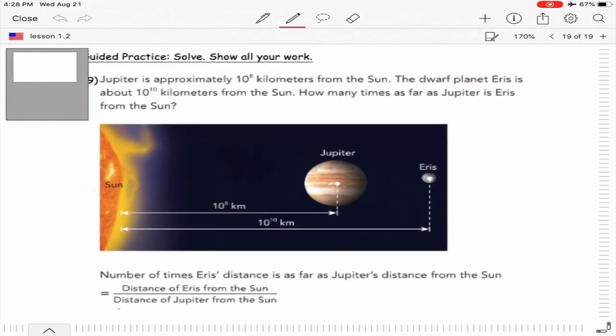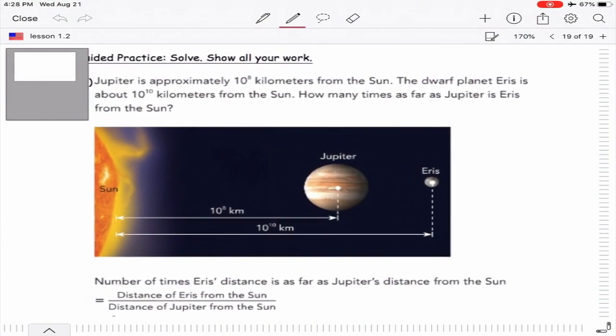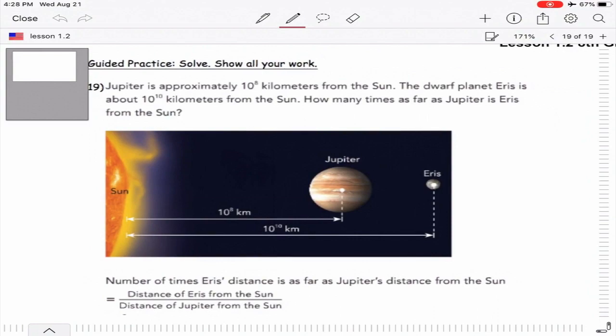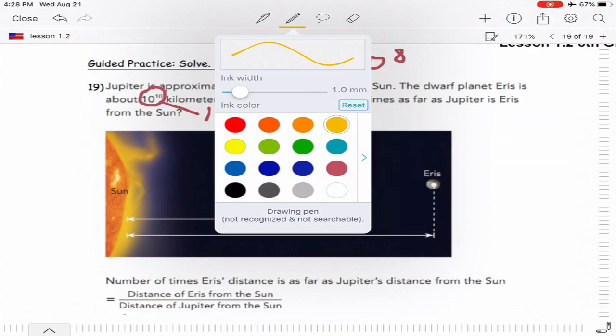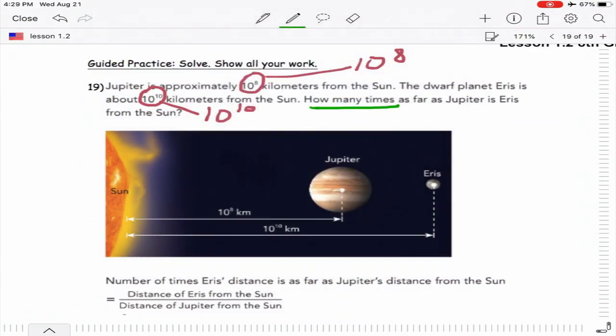Okay, try number 19 on your own. The only thing is, I know it might be a little difficult to read the numbers. This right here is 10 to the 8th power, and this right here is 10 to the 10th power. The only thing I'm going to help you with, it does say how many times. So I'll give you a little bit of a hint.